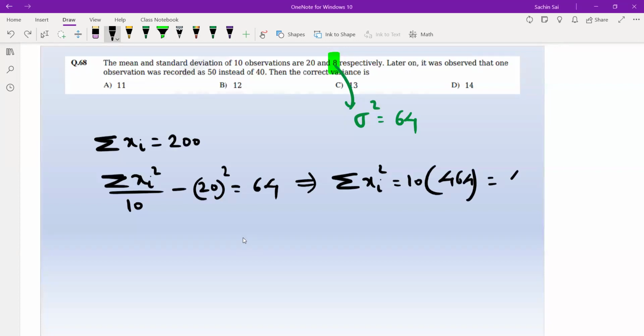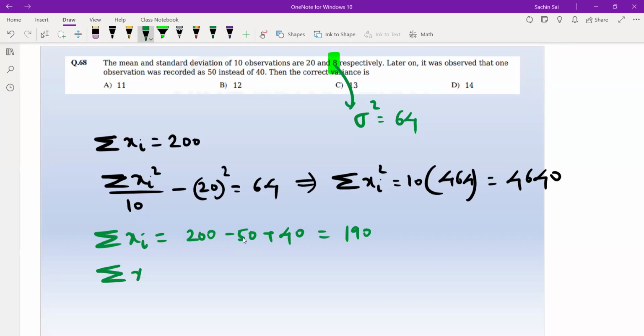So this is 4640. But remember, when calculating this data, one observation was recorded wrong. So for the correct sum, right, you have to remove the wrong observation and add the correct observation. So the correct sum of observations is 190.